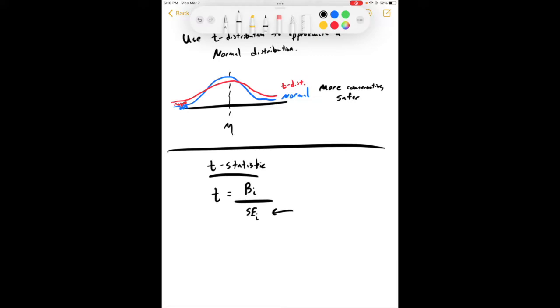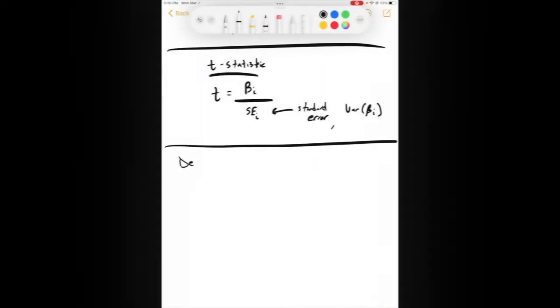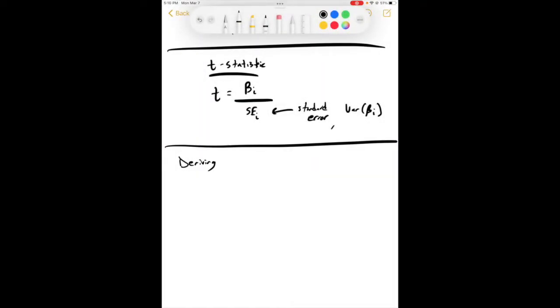This on the bottom is the standard error of the coefficient, or it is also the variance of beta I. And we're going to derive that in just a second. We are now deriving the standard error sub I, or the variance of beta I, okay? And we're going to use this.